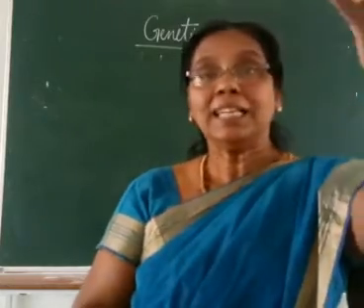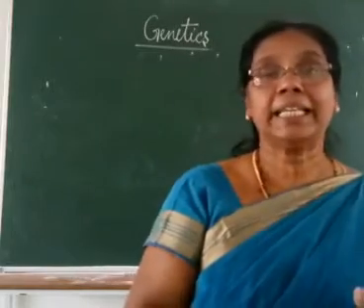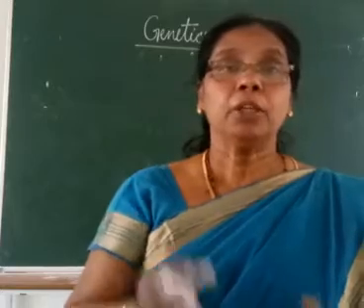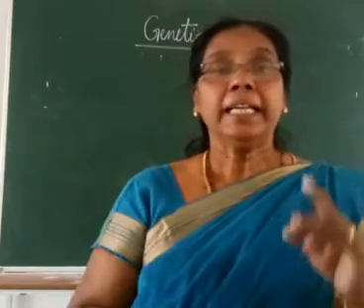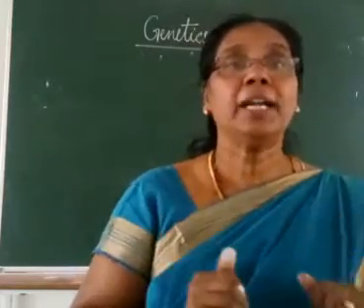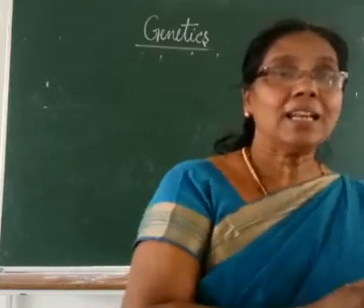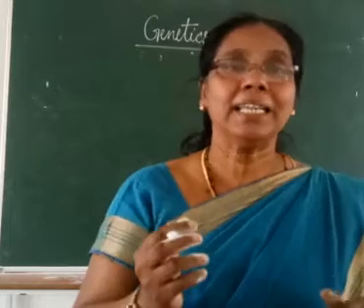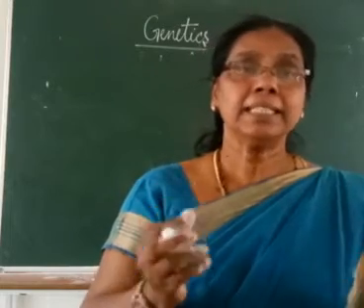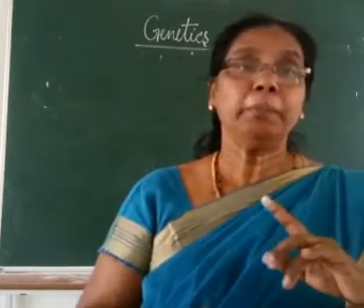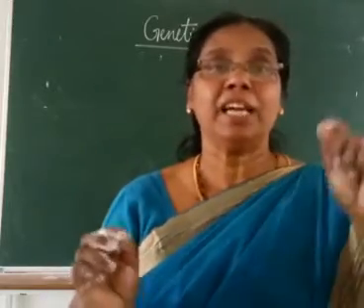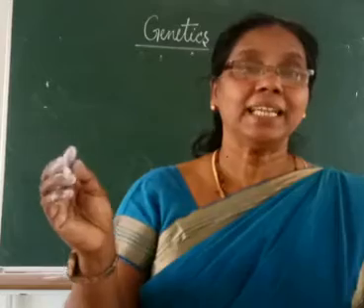And there are 7 contrasting characters he noticed in the green pea plant or garden pea plant. Last class we have seen. Can you tell one example of contrasting characters? Yes, last class you have seen in human beings the nature of the hand, right-handedness and left-handedness. 2 contrasting characters.